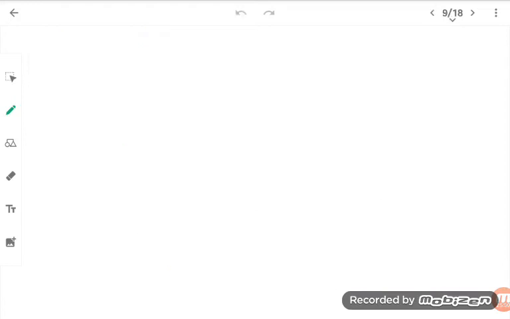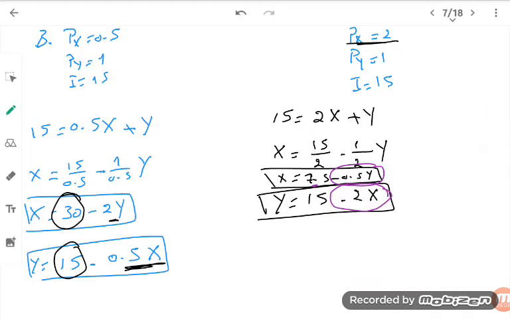Returning back to the example. Here, price 0.5. So if you substitute with 0, the quantity of X will be 30. If you substitute with 0, the quantity of Y will be 15.